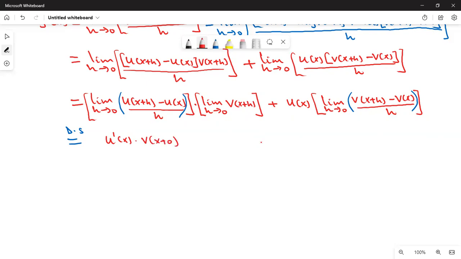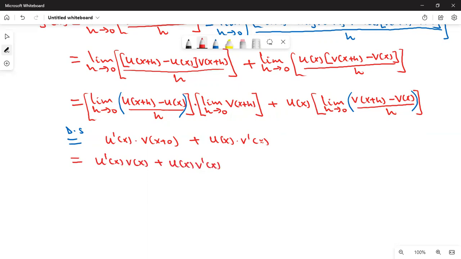Where there is h, you put 0, plus u of x. What about the other one? It is v prime of x. And so therefore, this can now be written as u prime of x times v of x plus u of x times v prime of x.